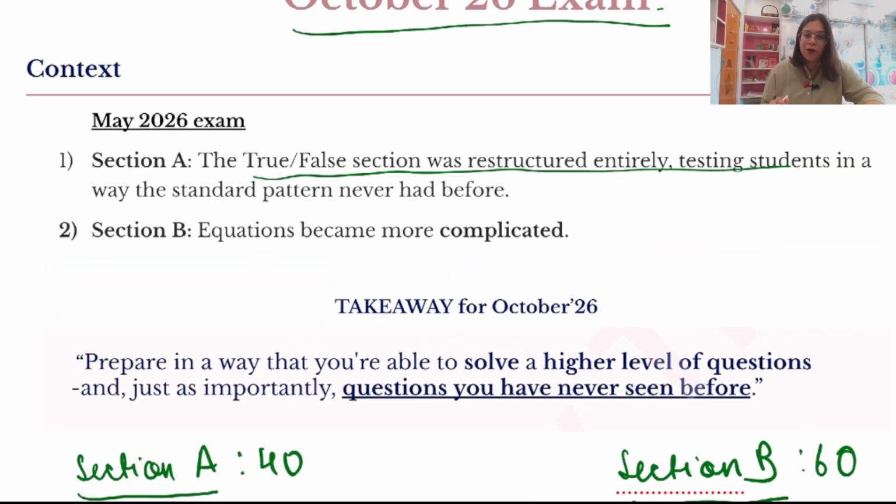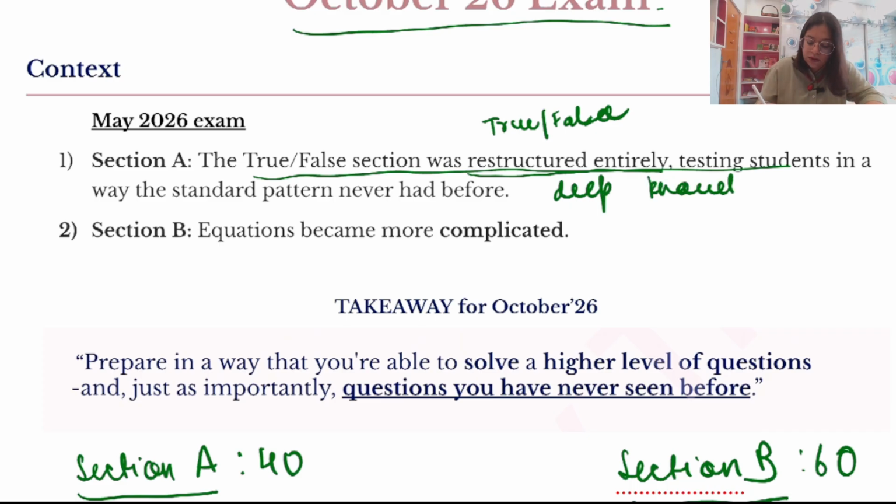Coming back to what happened in the May exam, as per students' feedback, the true and false section was restructured entirely. Not in the sense that the questions were not true and false, they were indeed true and false, but structured in the sense that the questions required deep knowledge. They were not pretty straightforward.